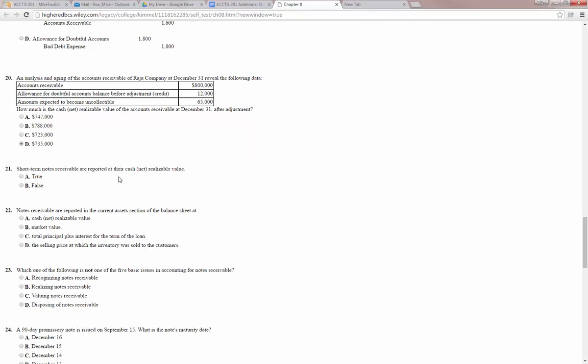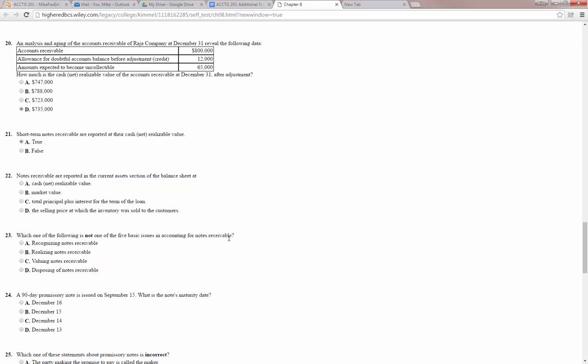All right, 21. Short-term notes receivable are reported at their cash net realizable value. That's true. Notes receivable are reported in the current asset section of the balance sheet at the net realizable value.